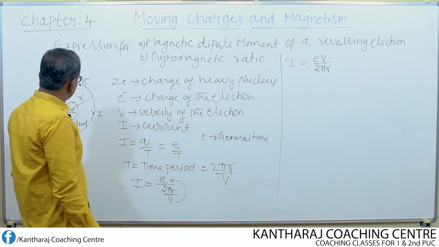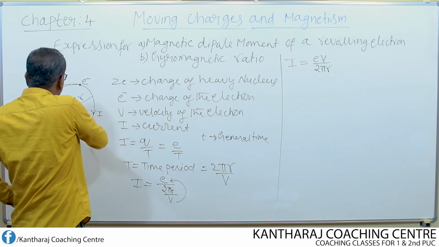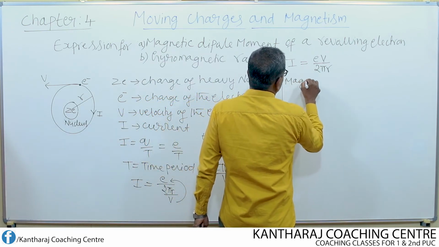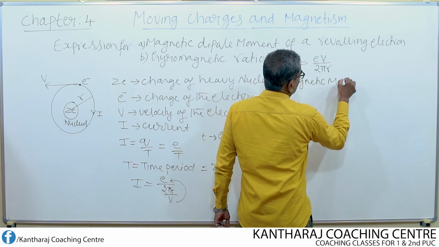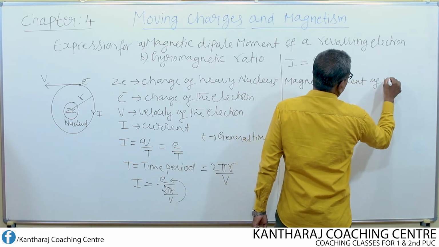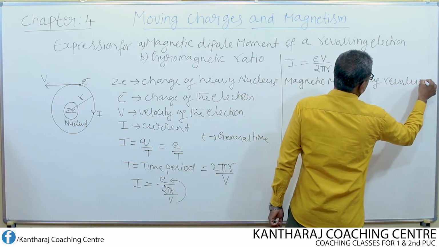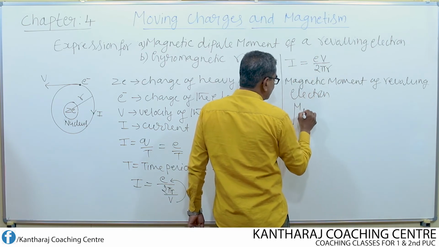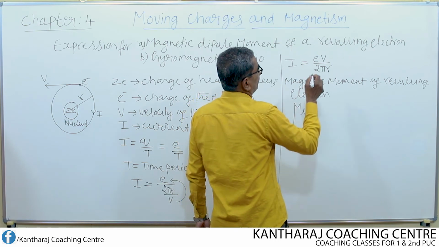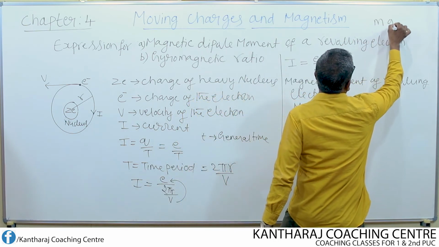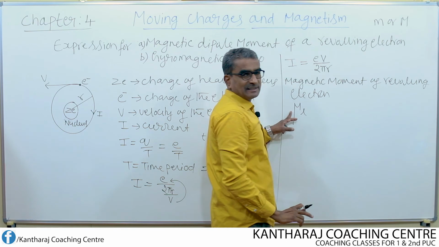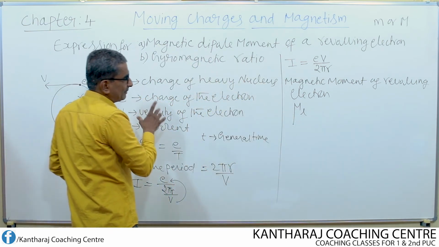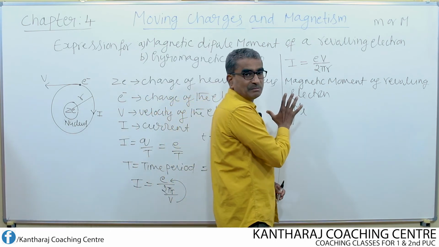But the magnetic moment of the revolving electron is given by the formula mu L. Usually for magnetic moment we make use of the symbol small m or capital M. Since it is a magnetic moment produced due to the orbital motion of the electron, for such magnetic moment we always use this particular symbol.